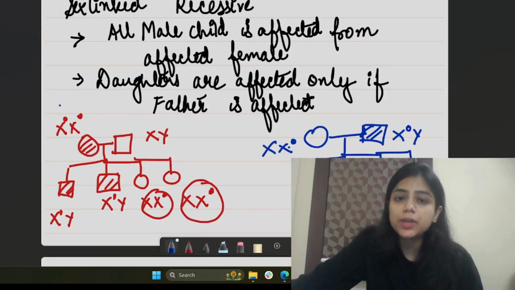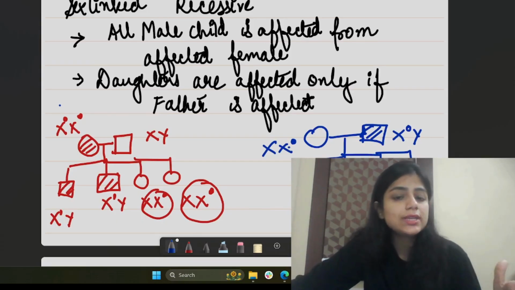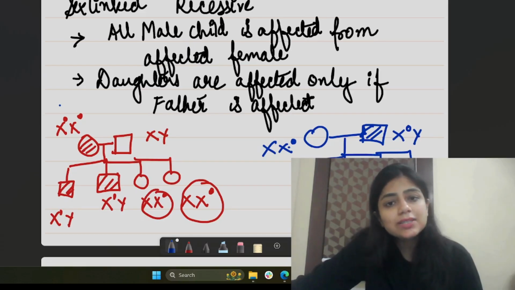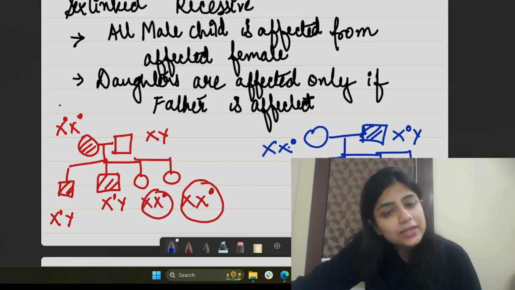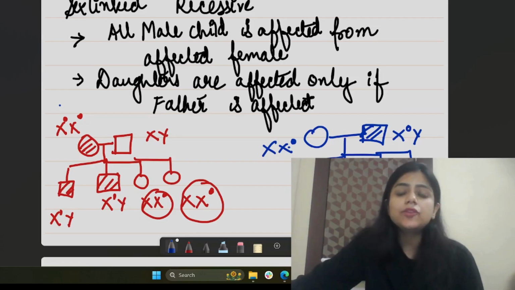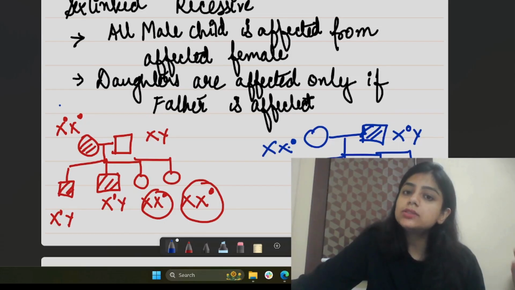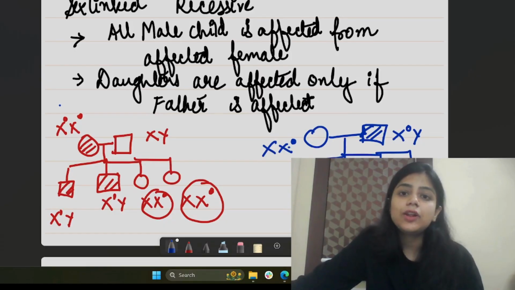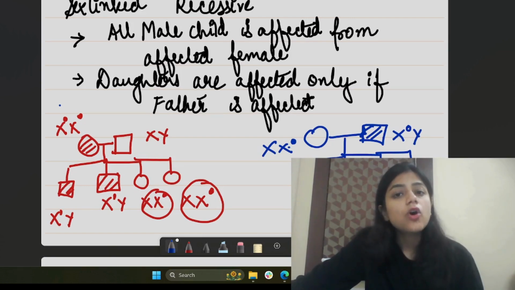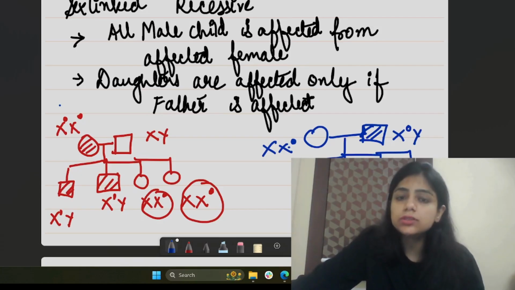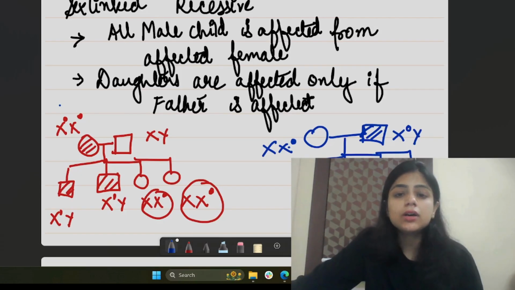Whereas in sex-linked disorders, if the female is affected, then her male child will always be affected, and if the male parent is affected, then the female child can be a carrier, or she can be affected only when the mother is the affected one.